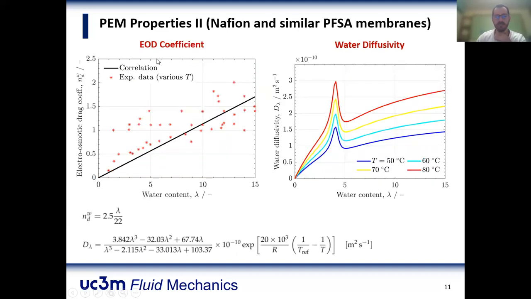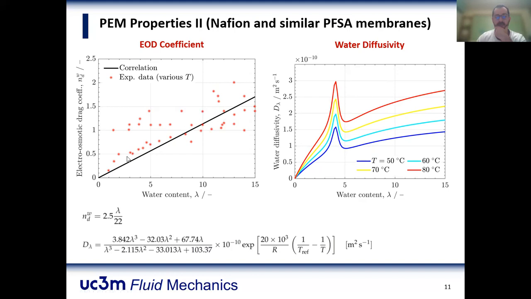For the electroosmotic drag coefficient, we have this correlation, which is a linear relationship in terms of lambda. We neglect any possible coupled effect with the temperature because here you can see experimental data at different temperatures, and there is not a clear trend with temperature.